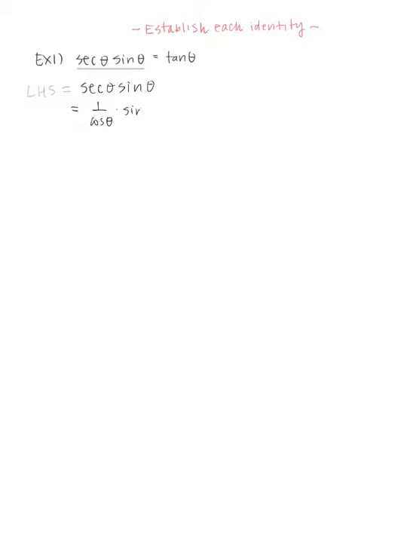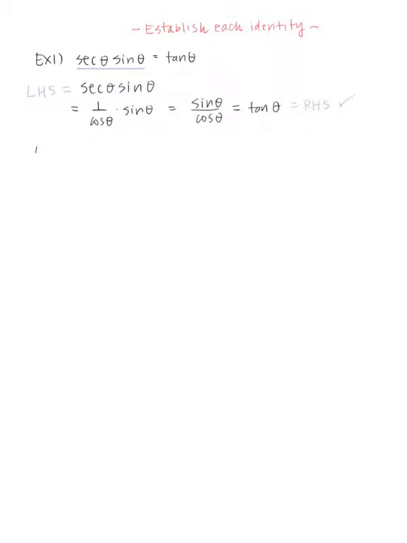And I'm just going to keep the sine of theta. Okay, but this is the same thing as what? Sine of theta over cosine of theta. Now, this is nothing but tangent of theta, which is the right-hand side. Okay, and in order to do a proof, you're going to have to show every single step.